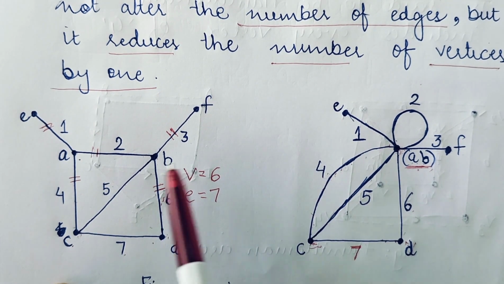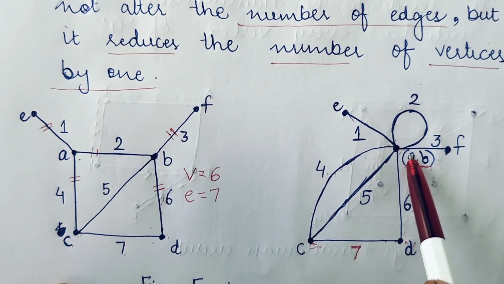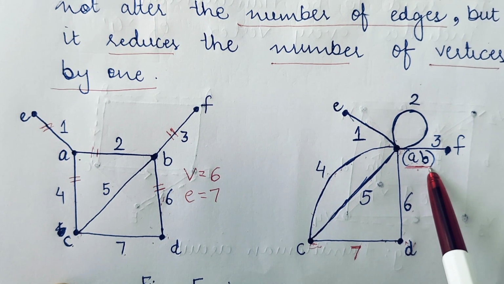So everywhere where A or B was coming, it will be replaced by AB.